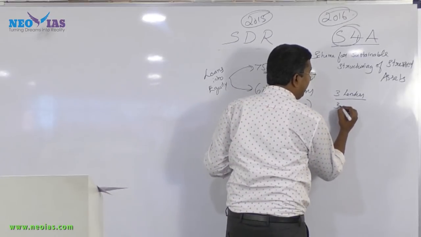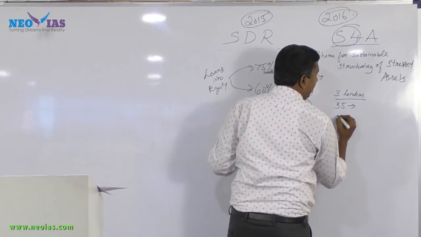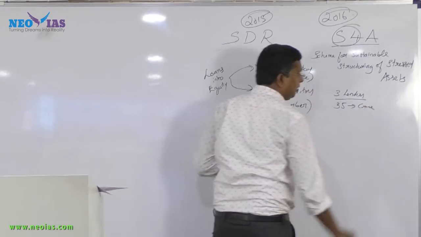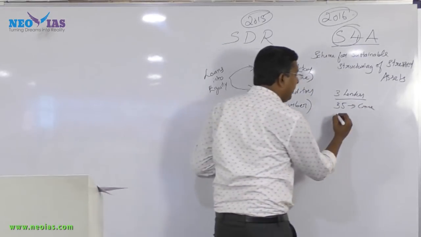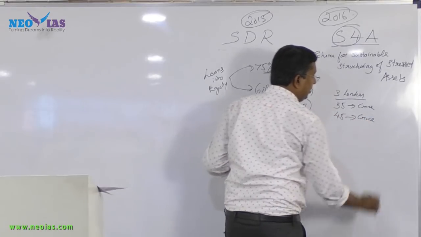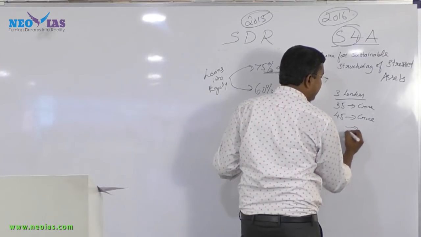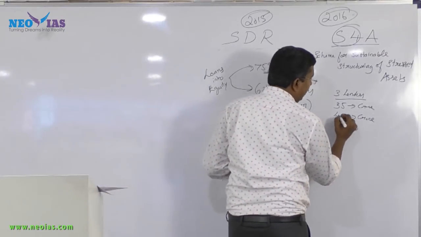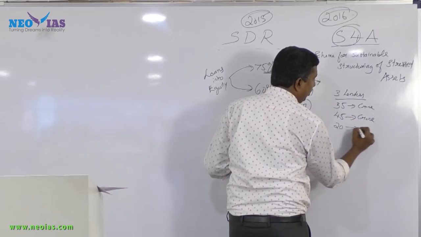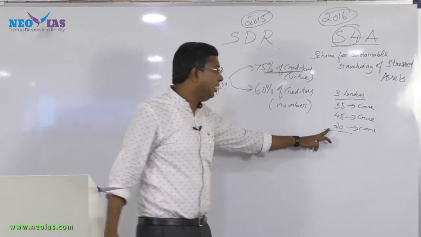One has given a loan of 35 crore, another has given 45 crore, and the third has given 20 crore. So what is the total value here? 100 crore.